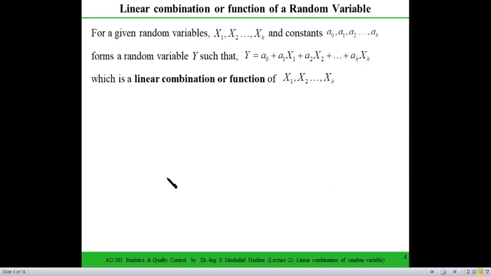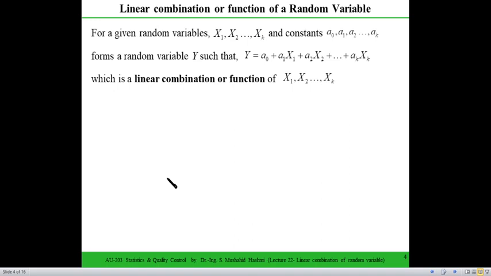Okay, now look into the representation of the linear combination of random variables in mathematical form. Let's say we have x1, x2, just like S, W, and L, different random variables involved, and a0, a1 are some constants, and the combination of the constants and the random variables is linked together with an equation.